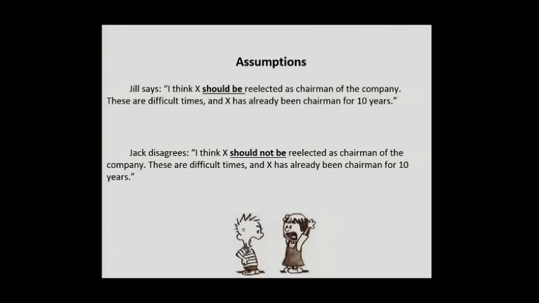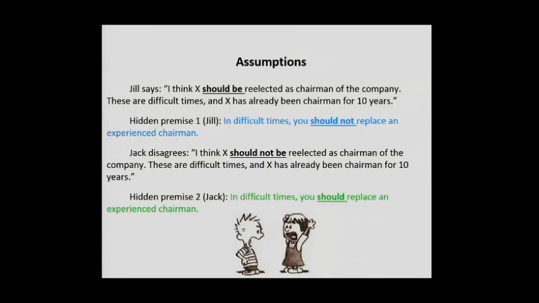And one way of reconstructing this is to say that the difference between these two views actually depends on two more general assumptions that are being made but are not being made explicit. So to decide this type of toy debate, one would actually have to put those assumptions on the table. So it could be something like a general claim: in difficult times you do or you don't replace somebody who has a lot of experience.